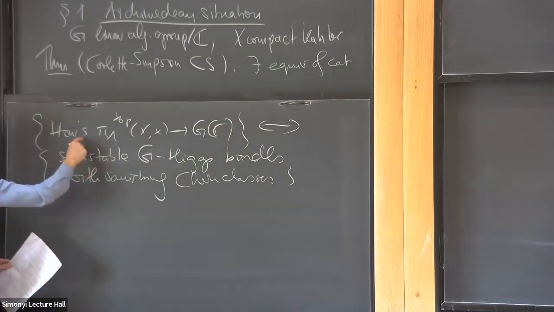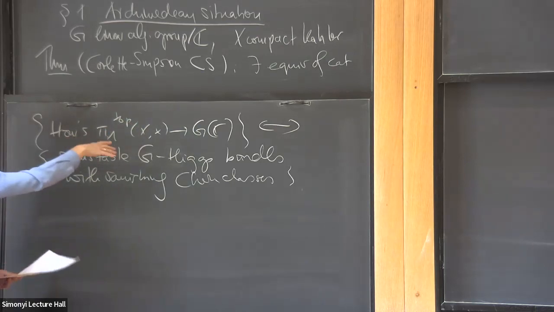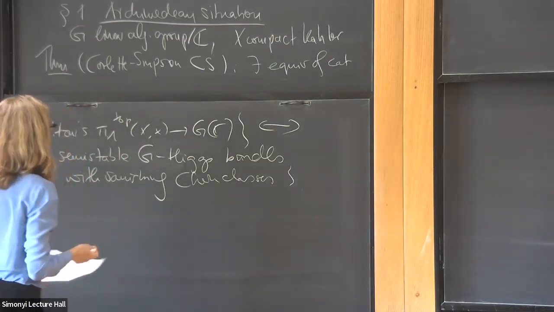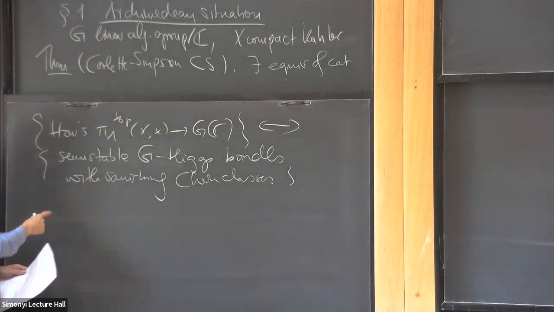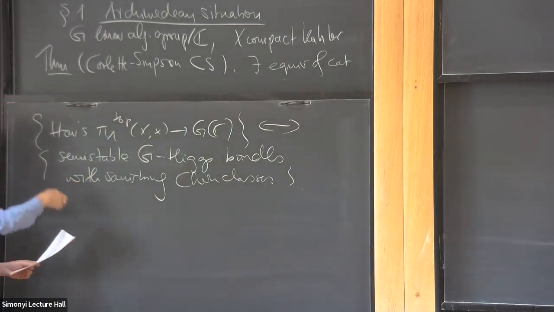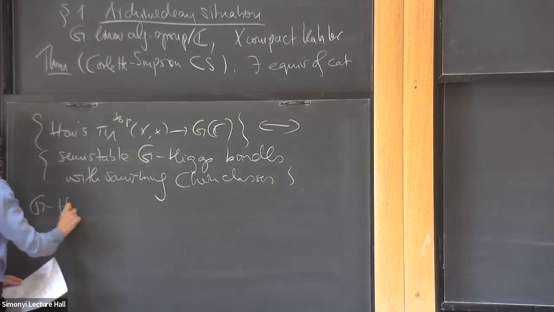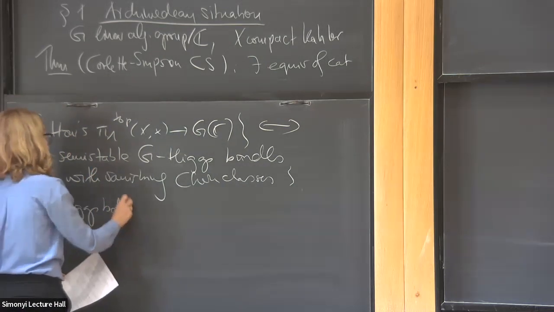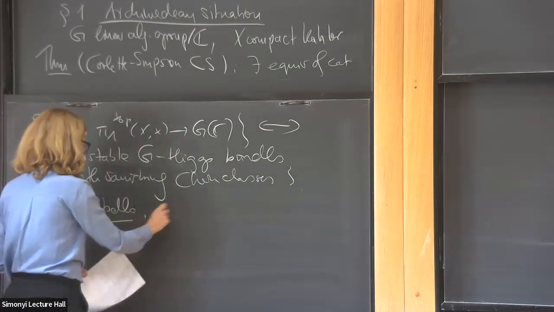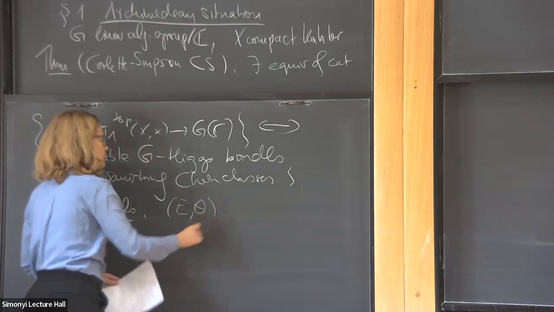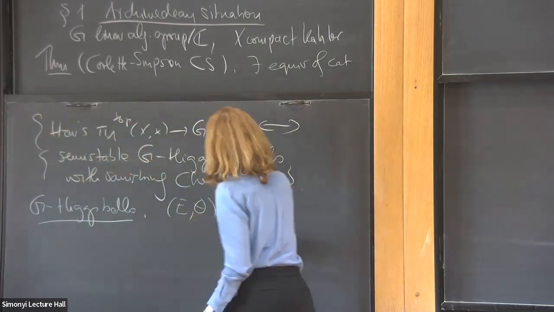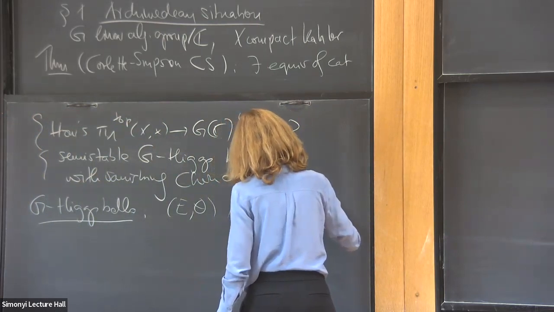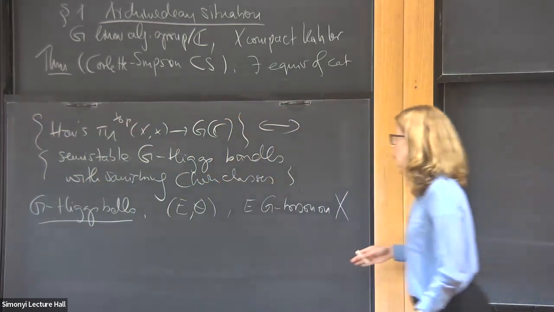This is obvious. We're looking at homomorphisms from the topological fundamental group, for example, representations on finite dimensional C vector spaces. The category of Higgs bundles is the following. We will need an analog in the p-adic world in a second, so let me write it down. You have a pair, bundle and Higgs field, and the bundle here is the G torsor on X holomorphically.